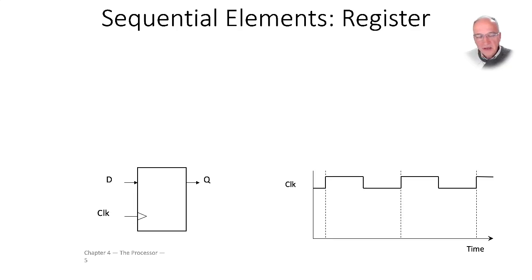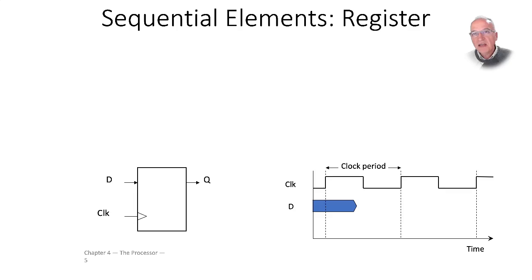And I can have an input D. In this type of diagram, I represent a signal as either being high or low for D, which means that it has a stable amount, but I don't know what that amount is. It could be 1, could be 0, but it is stable.